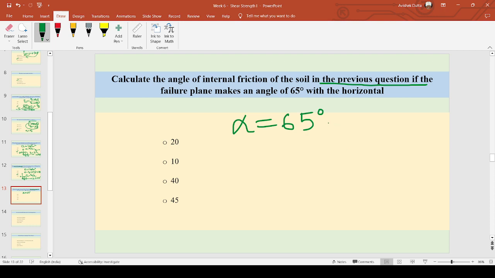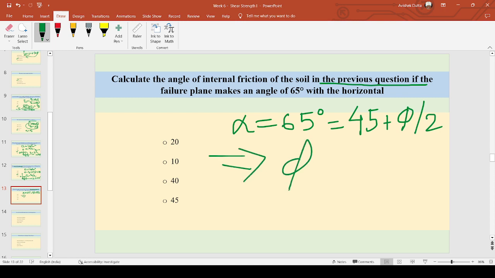The formula for alpha is 45 plus phi by 2. Now if we rearrange this equation, we can find the value of phi, the angle of internal friction: 65 minus 45 is 20, into 2, equals 40 degrees.